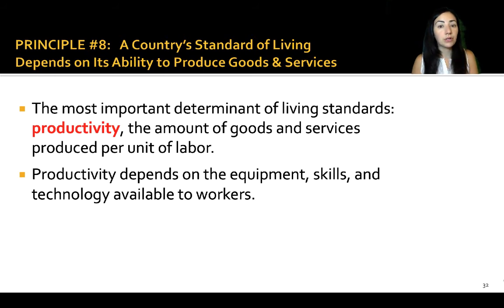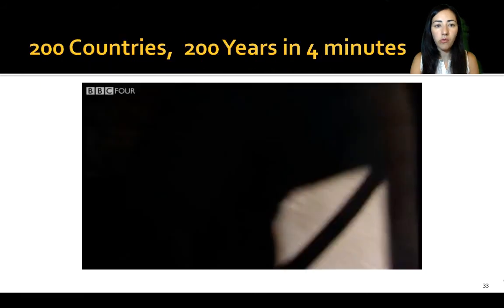Is it because our workers are extremely better or extremely more skilled? Well, part of our productivity actually comes from our equipment and our machinery. So basically, a country that has really good high-skilled workers, really good equipment, and really high-level technology tends to have higher standards of living.